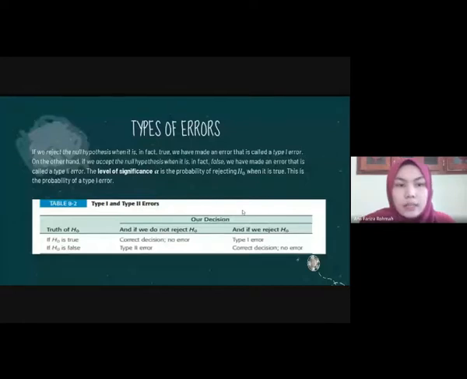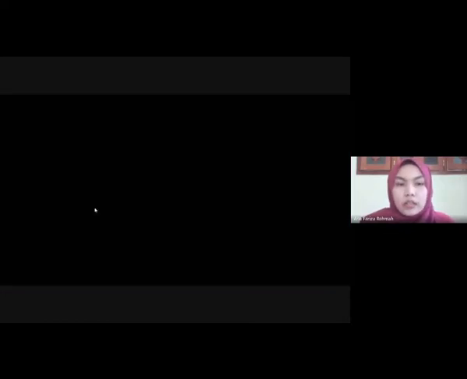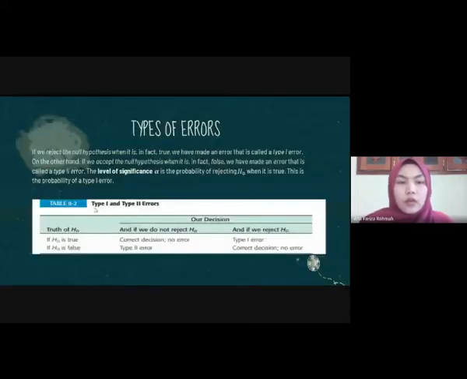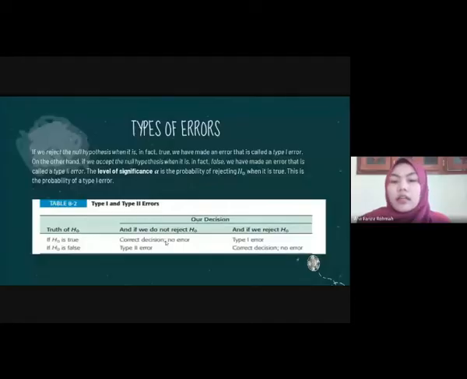This is the table of type 1 and type 2 errors, by the truth of the null hypothesis. If the null hypothesis is true and our decision is to not reject it, the result is a correct decision, or no error. If we reject the null hypothesis, the result is a type 1 error.